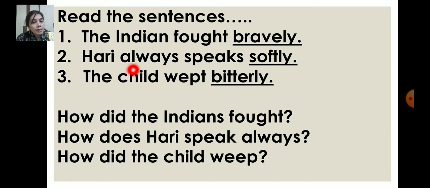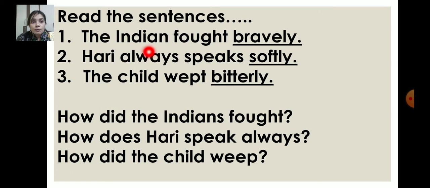The child wept bitterly. Now here, ly, ly, it is easy to find out the adverb. So we have underlined. Now we have to find out which kind of adverb. You have to state the kind of adverb. So for the adverb of manner we are learning now, you will ask the how question.